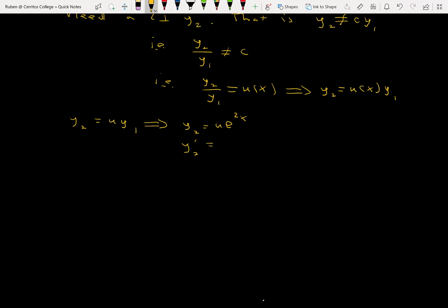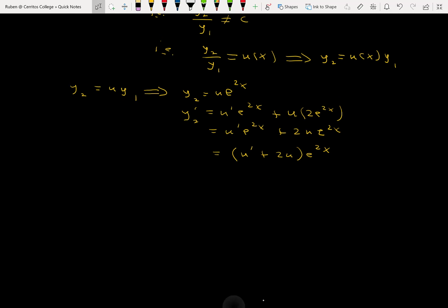So the product rule says the derivative of the first, u prime, times the second, plus the first times the derivative of the second, 2e to the 2x by the chain rule, or u prime e to the 2x plus 2u e to the 2x, or if we factor the e to the 2x out on the right side, we get u prime plus 2u, times e to the 2x.